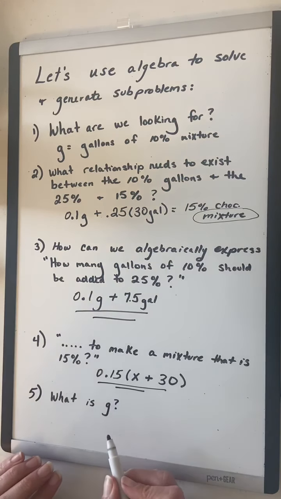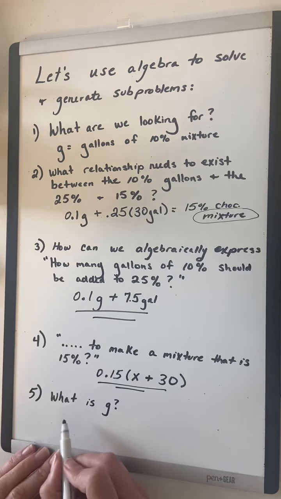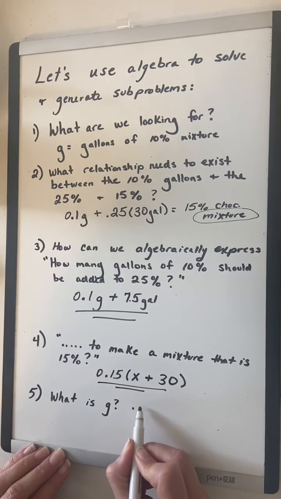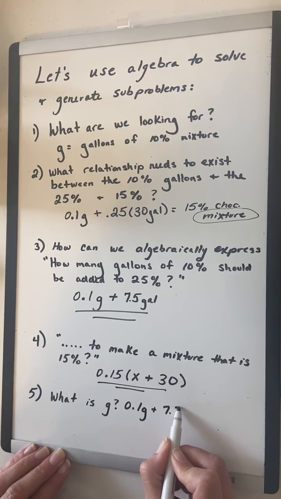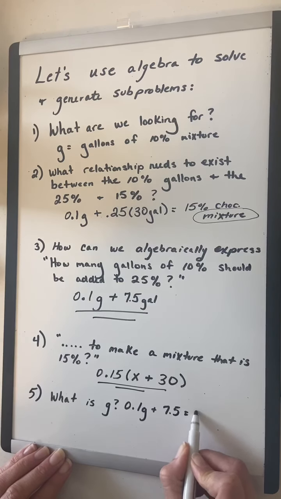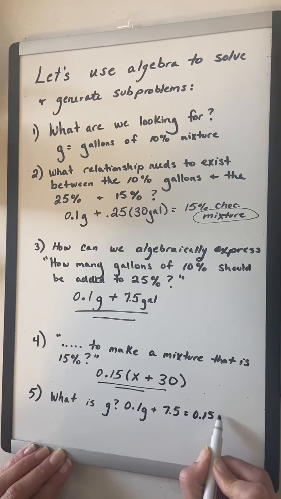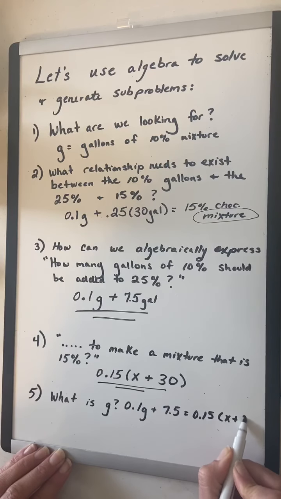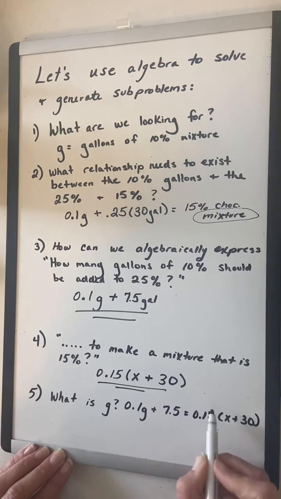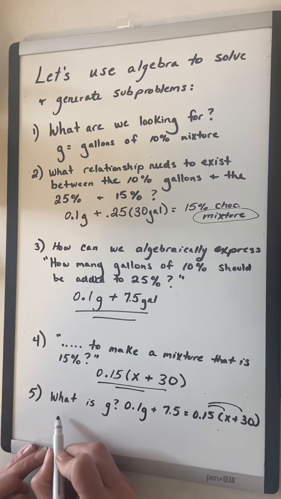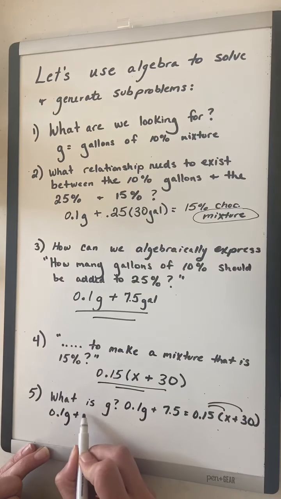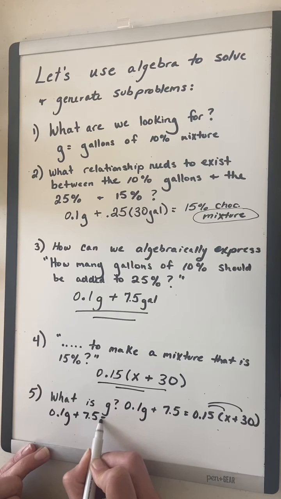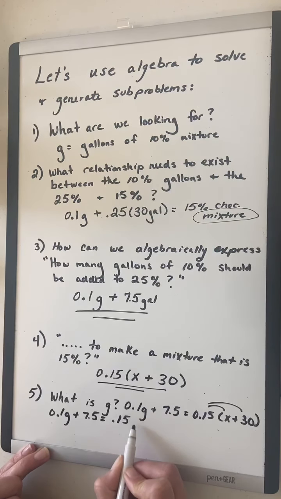So what we would do is we would go ahead and set 0.1 G plus 7.5 equal to 0.15 times (G plus 30). We would distribute on this end, and we would have 0.1 G plus 7.5 equals 0.15 G plus 4.5.